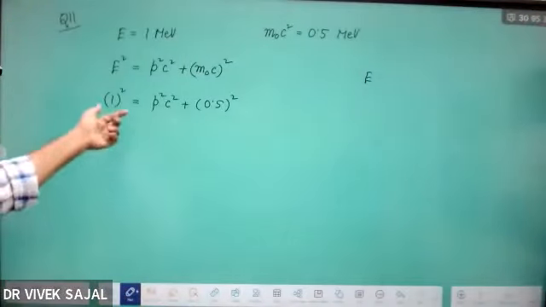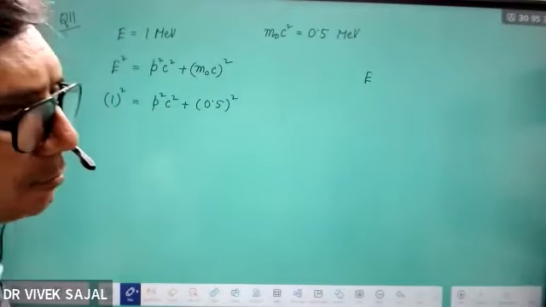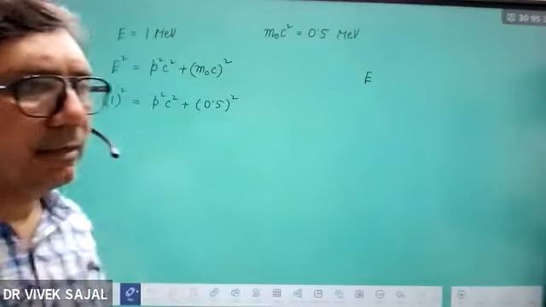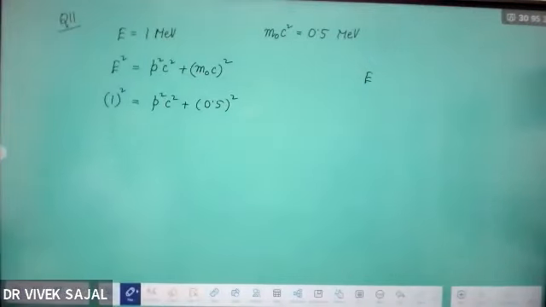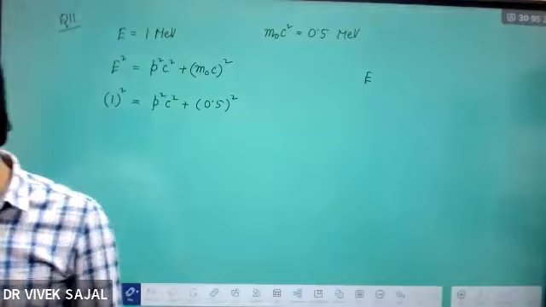This is possible, so this is a relativistic case. Even if they are not providing it, I can find out that this is a relativistic case. So from here you find out the value of P.